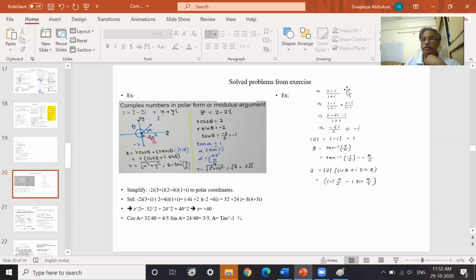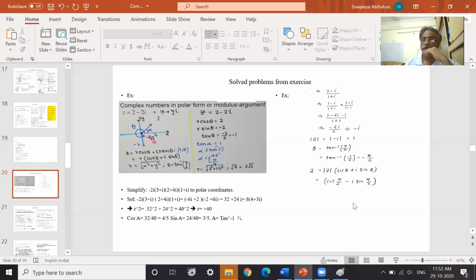Suppose this is there. So I am taking the conjugate of this. So I am getting minus i. What is mod of Z? Mod of minus i is 1. Tan theta is y by x. X is 0. Theta is tan inverse 1 by 0, that is minus pi by 2, because y is minus 1.